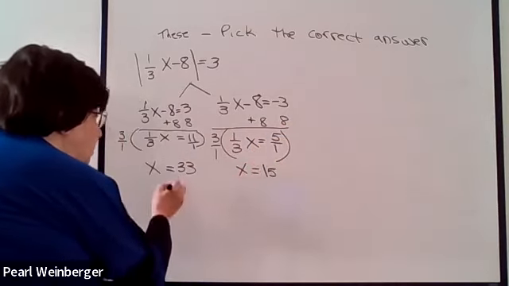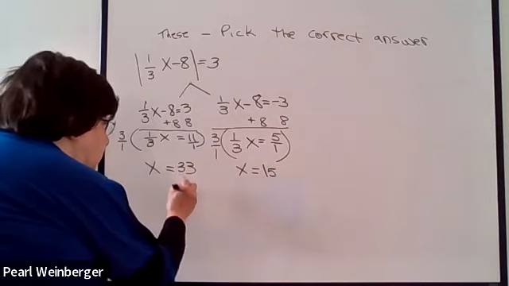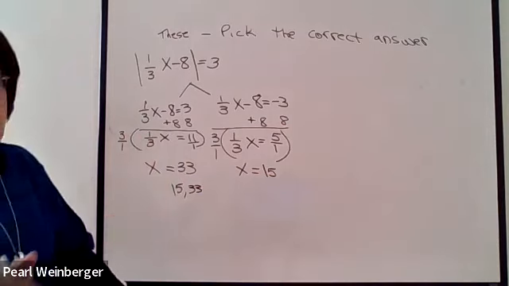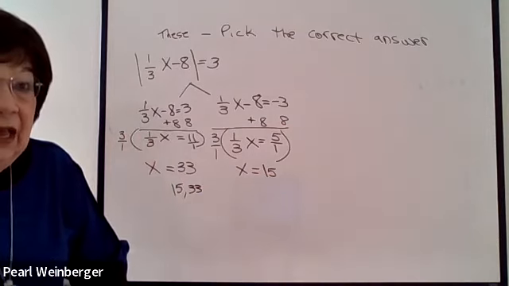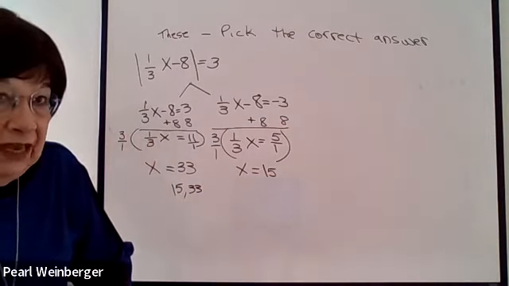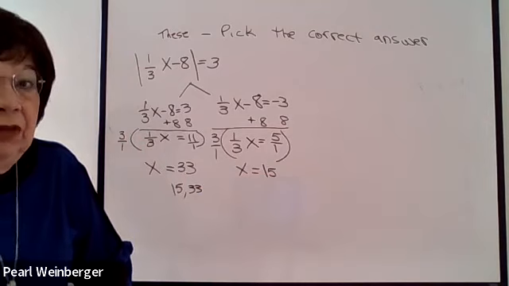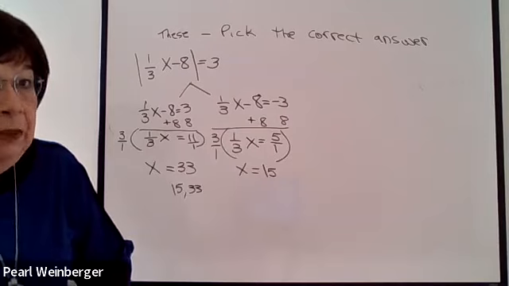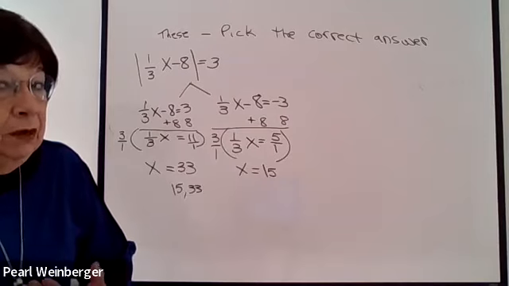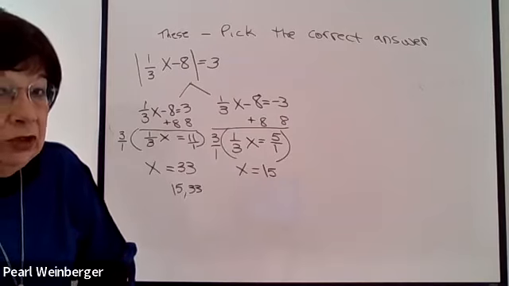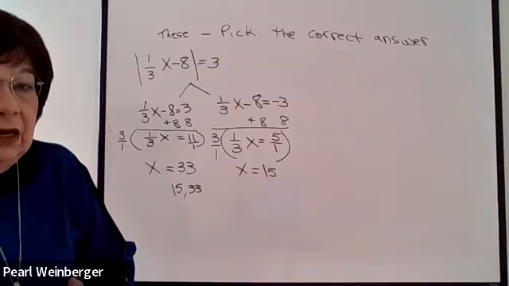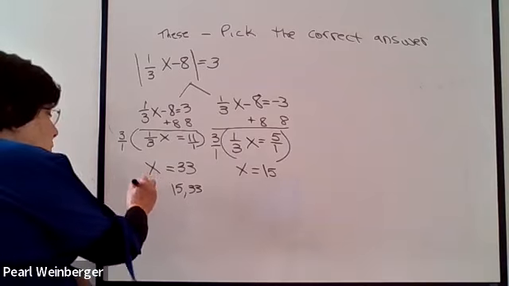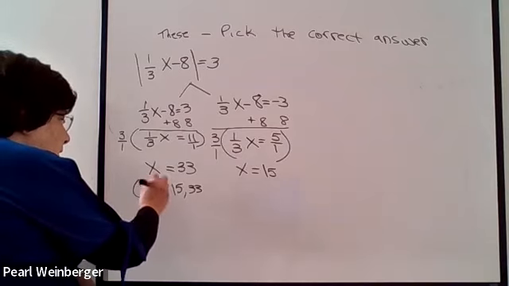So my two answers happen to be 15 and 33. And that is what we came up with as choice B. Anybody who picked choice B was absolutely correct. If you only picked 15 or you only picked 33, you were partially right. But in a multiple choice question, partially right doesn't count. It is not correct. The only correct choice was choice B.